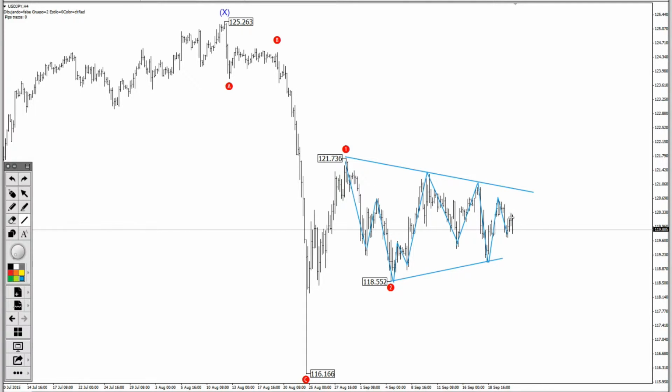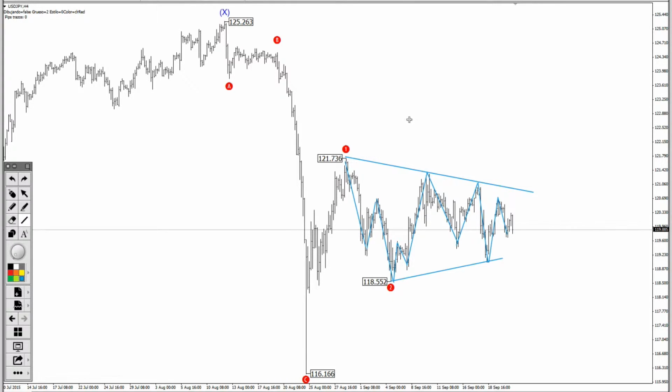Now it's looking like we might see more decline. 119.885 is the price right now. And this triangle, like I said before, doesn't suit into this wave count very well, so I might need to revise this count and think this through.